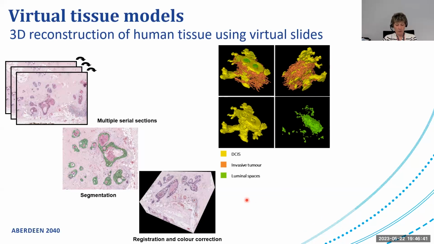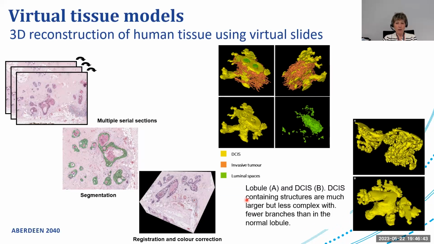But what we really were able to notice was that the lobule from which the DCIS develops, the lobule is this top panel A here, has much more branch-like structures, more complex than what we see in the DCIS model, which is the panel here that I'm showing. The DCIS is much larger, but it's more simple in structure.